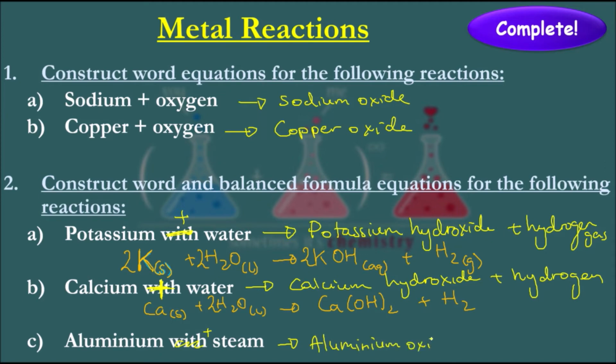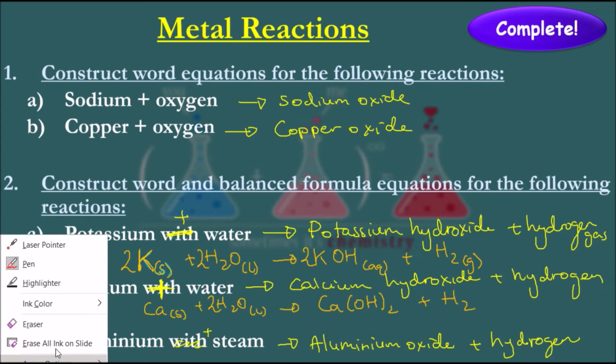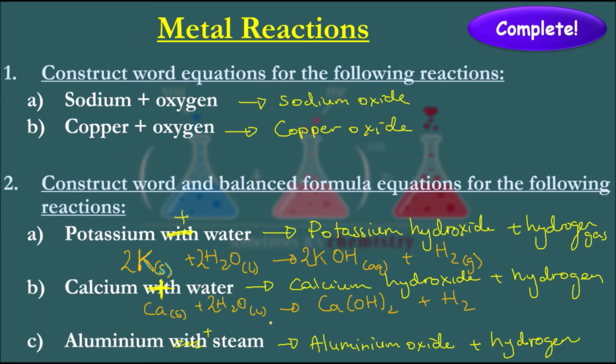So aluminium oxide plus hydrogen. Okay, so if I just rewrite that, it's Al solid plus H2O gas forms Al2O3. This is solid, it comes out as a solid, plus H2 as a gas. Okay, so a slight correction from what I said just then.